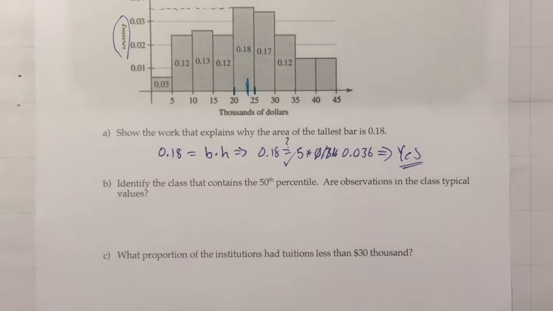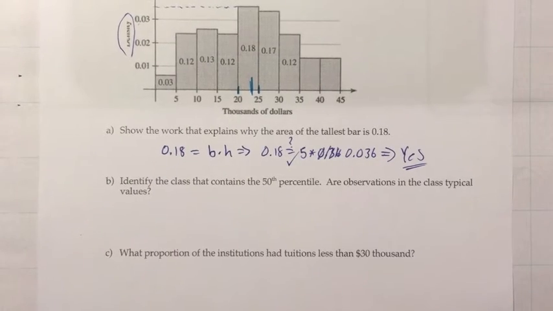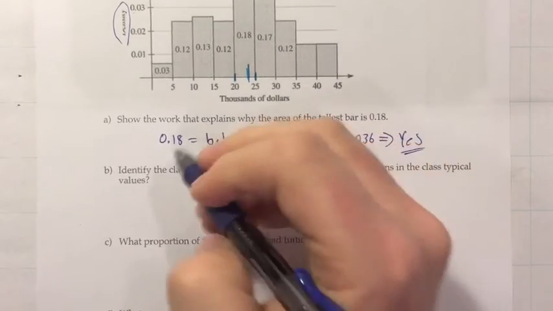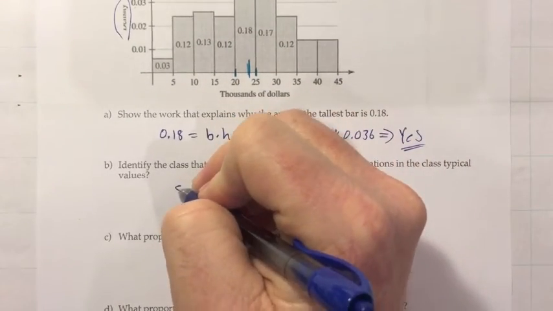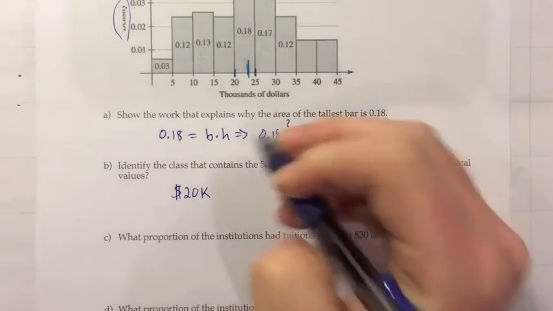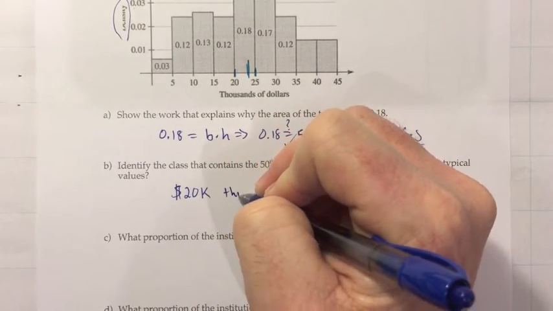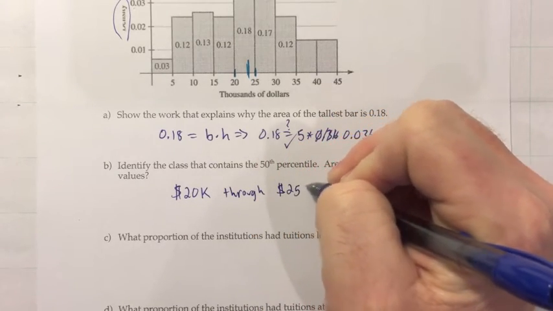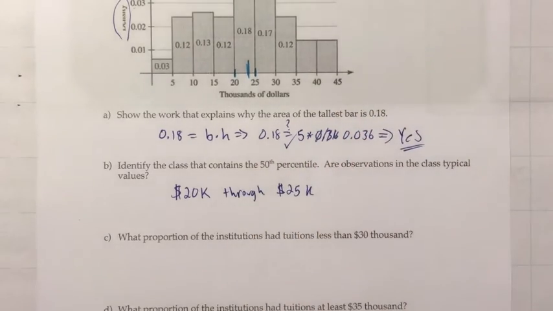All right, so identify the class that contains that. How do we want to describe that? That was in thousands of dollars. So the class that went from $20,000, I'll just put 20K, through 25K. Somewhere in there is the 50th percentile.